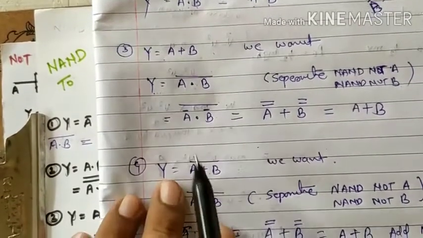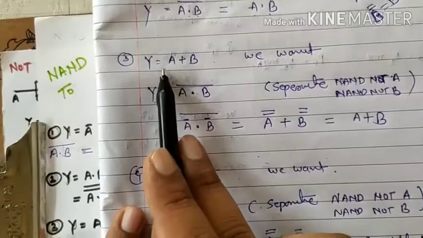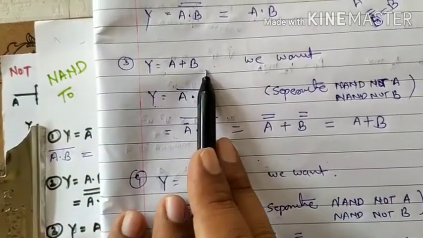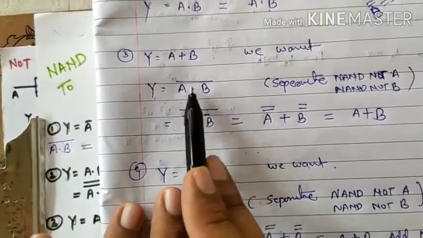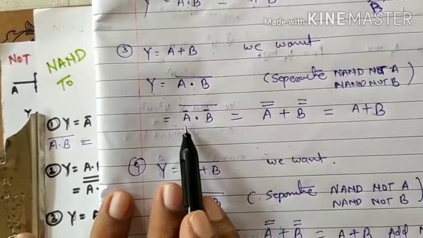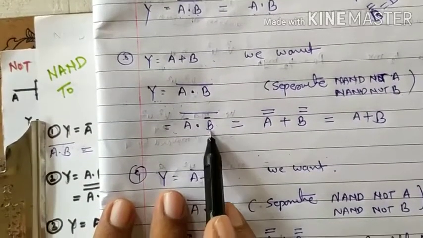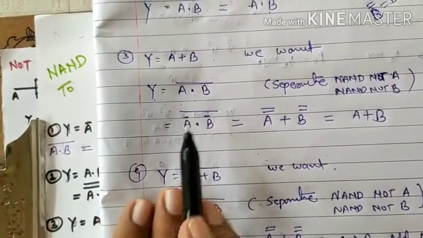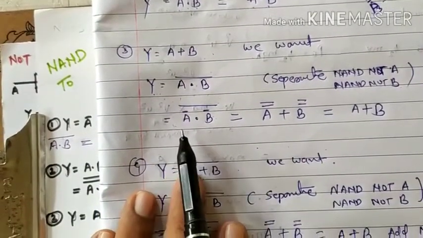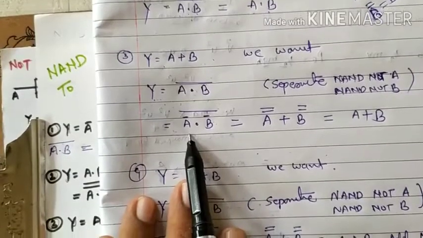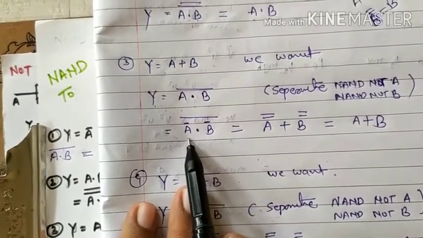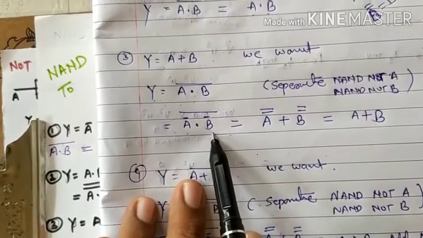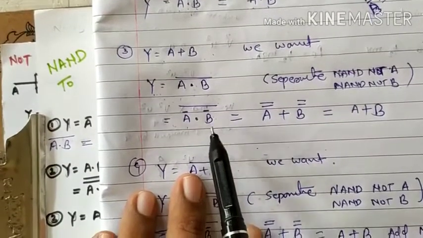Okay. So see here, we want y is equal to a plus b, we have y is equal to a into b bar. See here, a bar into b bar and whole bar. I repeat, one a bar is a NOT gate made of NAND gate. This is again b bar, again a NOT gate made of NAND gate.